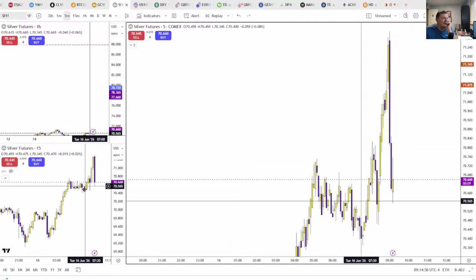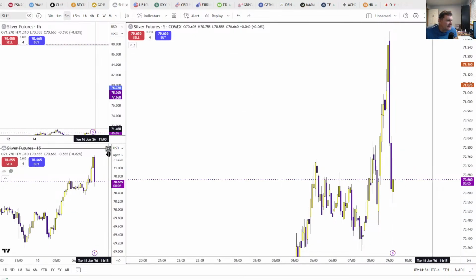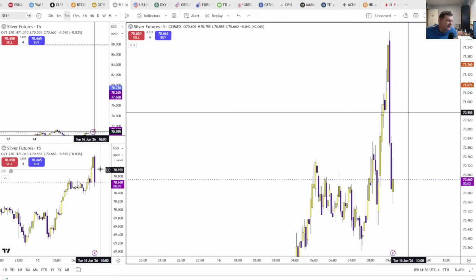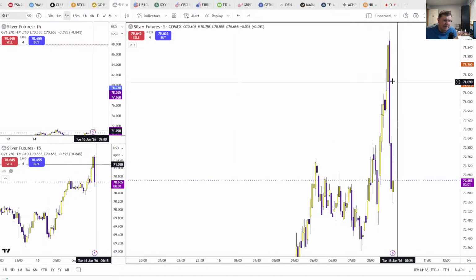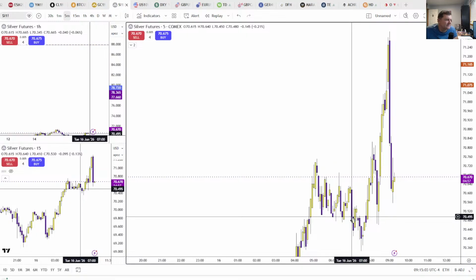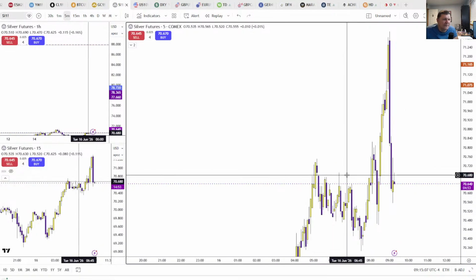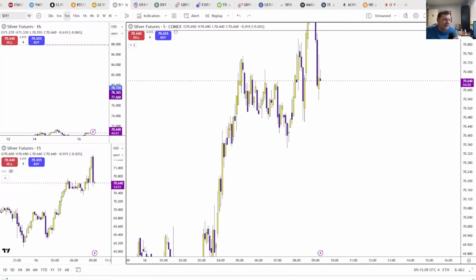You're already too far down into this range here, this 15-minute range. You'd have to get a retracement all the way back up into this little imbalance here and then take it back down again. Or it's got to break through here.